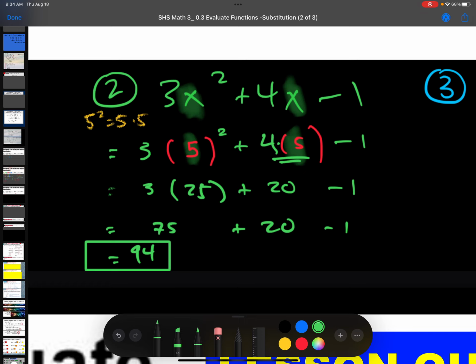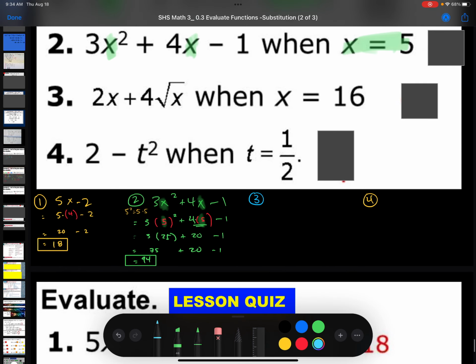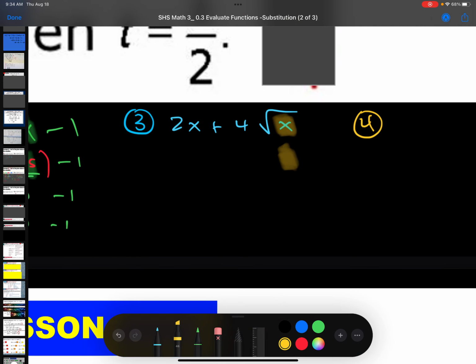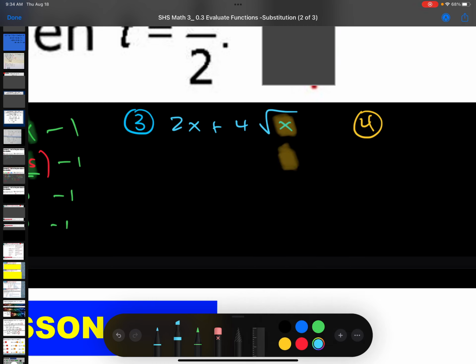All right, question number 3. What do we got? 2x plus 4 times the square root of x. Every x value is 16, so I'm going to put in 16 here. Class, tell me what's right. Tell me.